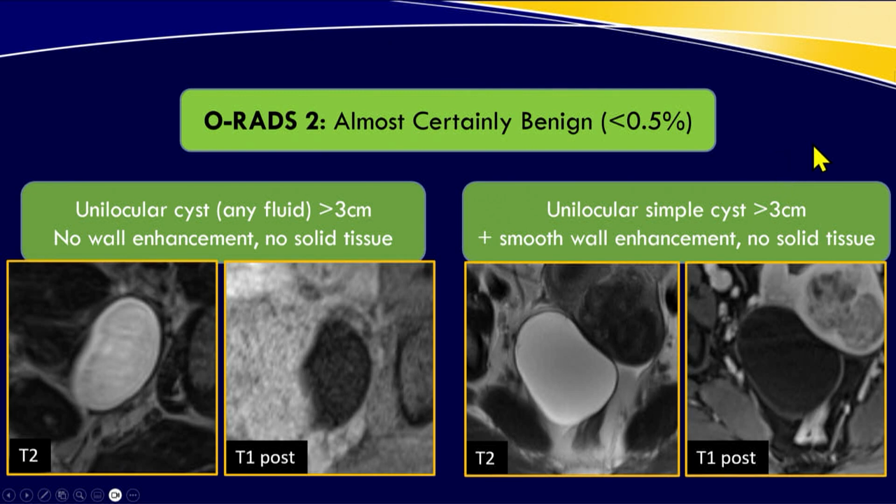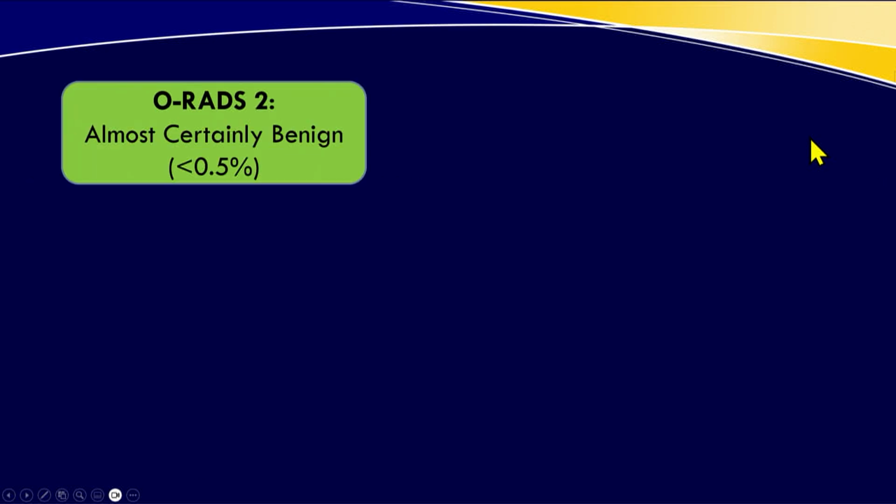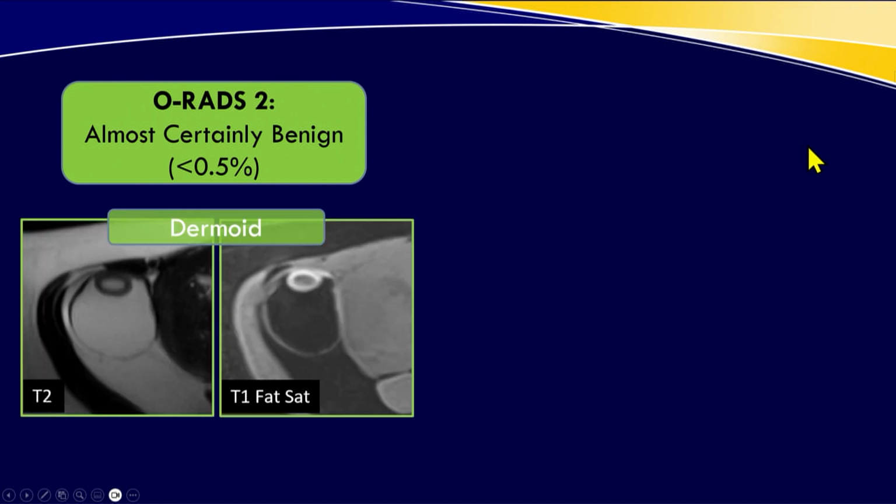Similarly, you can have a unilocular simple cyst greater than 3 centimeters that has smooth wall enhancement, but no solid tissue. So smooth wall enhancement is not worrisome. Irregular wall enhancement, papillary projections, mural nodules, that's far more worrisome. O-RADS 2, again, almost certainly benign, a 0.5% positive predictive value for malignancy.